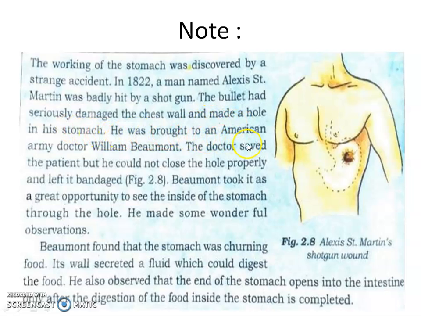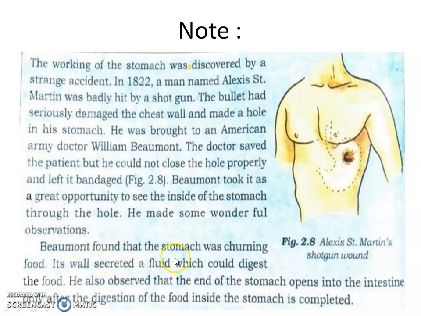He was brought to an American Army doctor, William Beaumont. The doctor saved the patient, but he could not close the hole properly and left it bandaged. You can see this figure 2.2. Beaumont took it as a great opportunity to see the inside of the stomach through the hole. He made some wonderful observations.